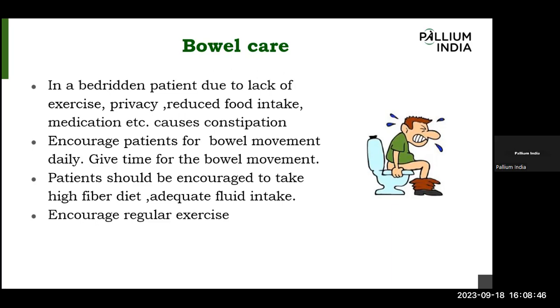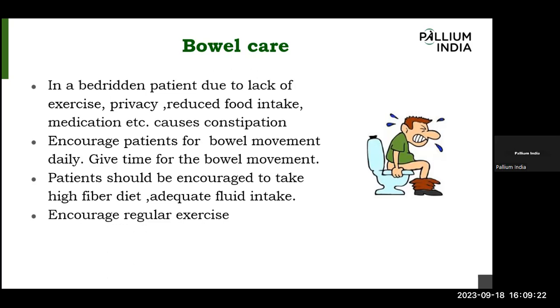You all know that one of the good medications for pain relief for cancer patients is morphine. Morphine can cause constipation, because one of the commonest side effects of morphine is constipation. Also some other medications like amitriptyline can cause constipation. So you have to keep these things in mind. The patients can develop constipation.